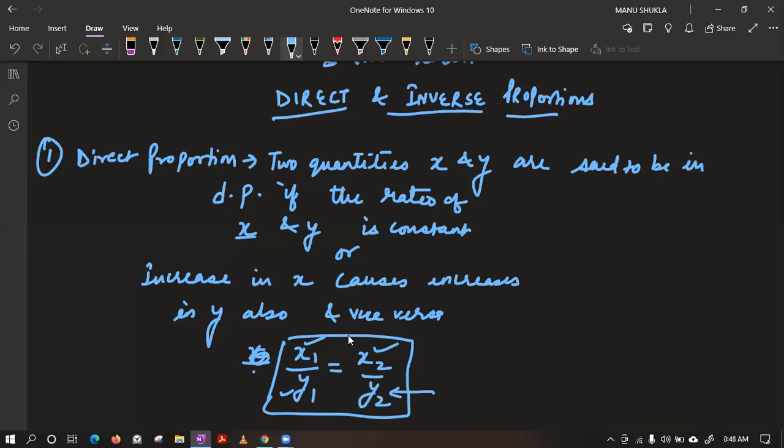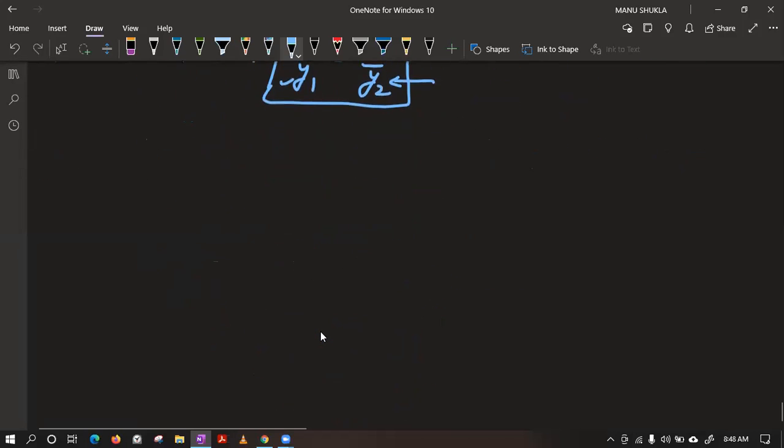Suppose I take example number 1 on page number 204. The cost of 5 meters of a particular quality of cloth is rupees 210.